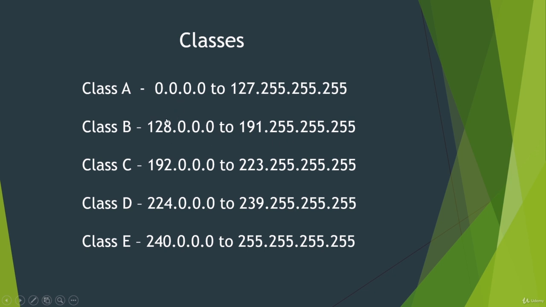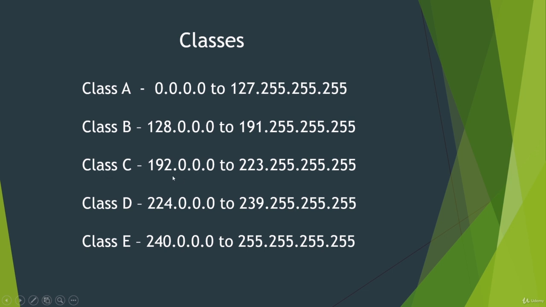So if there is any IP address that starts with, say, 130, then it goes to class B. In class B there is a private IP address range, that is 172.16.x.x, and here you can replace the x with 0 to 255. So don't worry about these private IP address ranges. We will be looking mostly at the class C private address ranges. No need to worry about that.